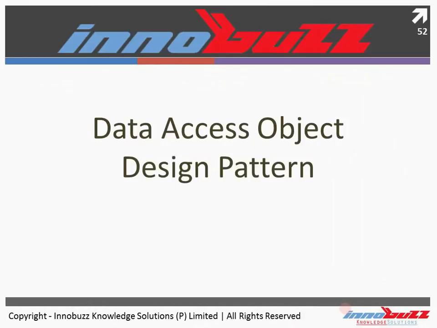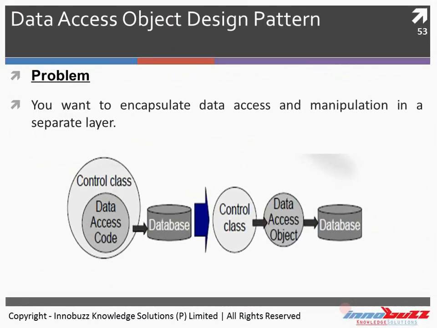Data access object design pattern. Say you have a problem where you want to encapsulate data access and manipulation in a separate layer. Here, consider a single control class which has data access code. Instead of having a single control class which includes even the data access code for the database, you want to separate it.